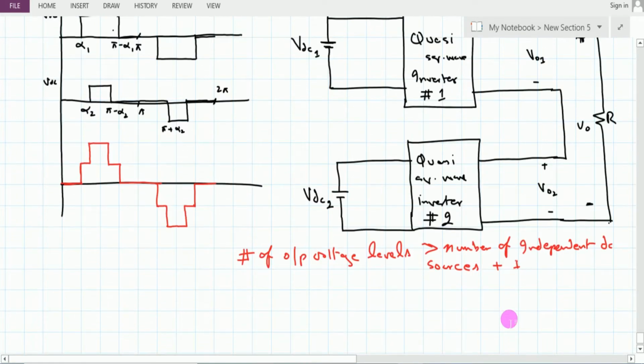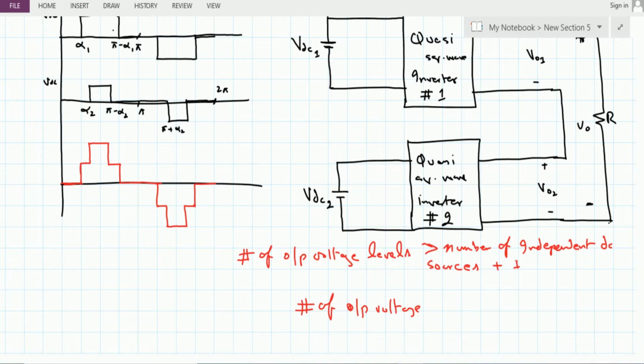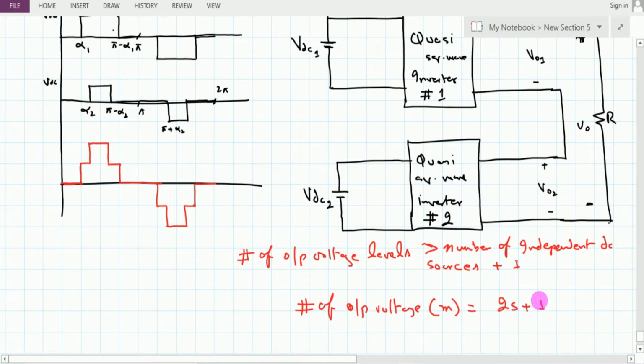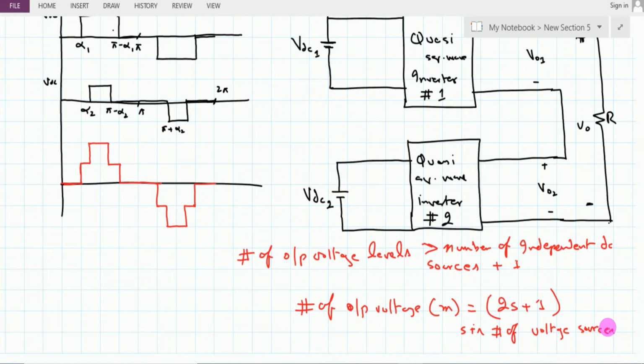If we have these two, VDC1 and VDC2, then the number of output voltage levels, let us say M, is equal to 2S plus 1, where S is the number of voltage sources. So with these two independent voltage sources connected, VDC1 and VDC2, we are getting 5 voltage levels.